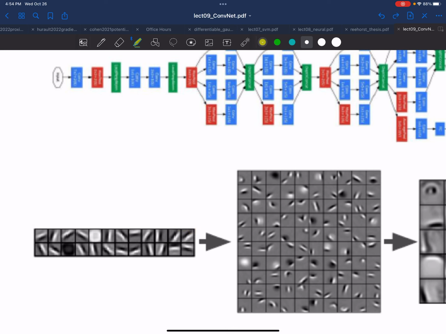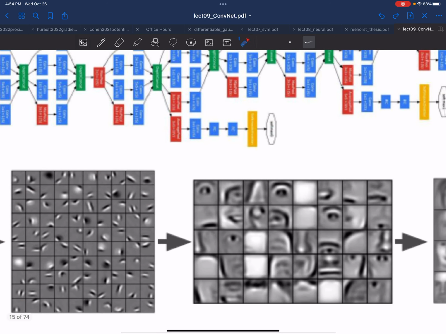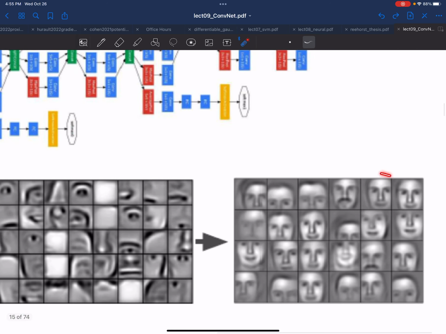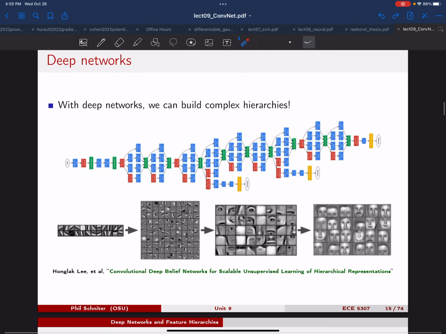And then you combine those features to give you more interesting shapes. You combine those features to give you yet more interesting shapes that you can see start to look like eyes and ears and noses and so on. And with those building blocks, you can combine them to get even more interesting shapes. So the idea is still to use hierarchies, more layers, but also more sophisticated 2-dimensional processing.